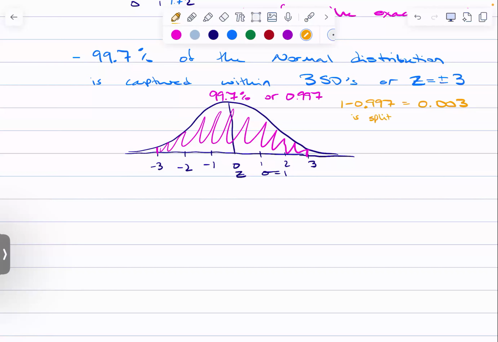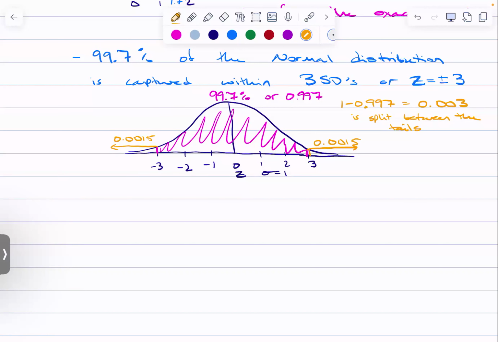Is split between the tails. So this becomes very, very small. 0.003 divided by 2. Get 0.0015. And same thing on the other end. Very, very small. Right?